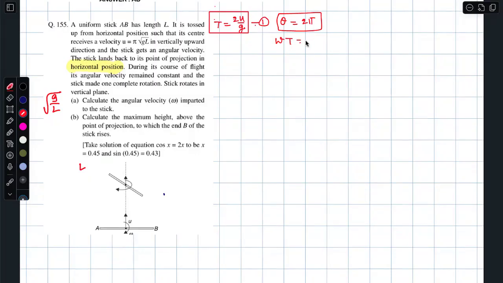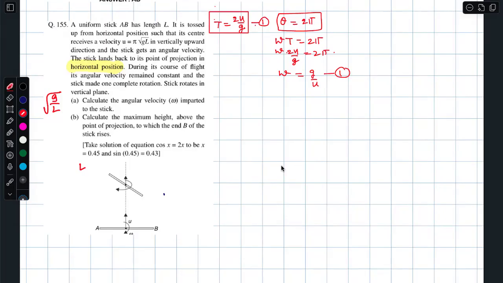Omega times t is 2 pi. Omega into t, where t is 2u by g, is 2 pi. So with this, I can say omega is g by u. Equation 1.